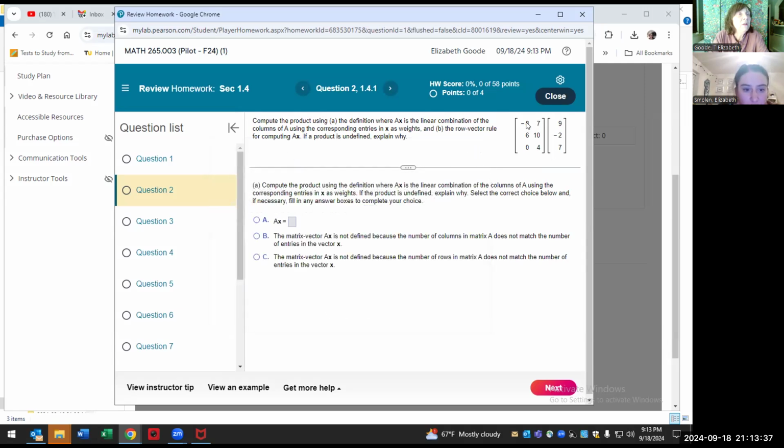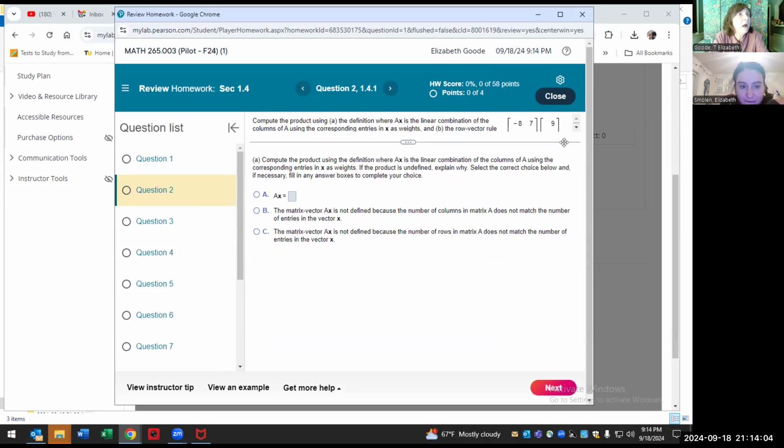So here, what are the dimensions of this matrix A? The matrix A is this part here. This is the vector X. If you read the problem, it says compute AX. So they give you A, the matrix on the left, and then X is the column vector there.